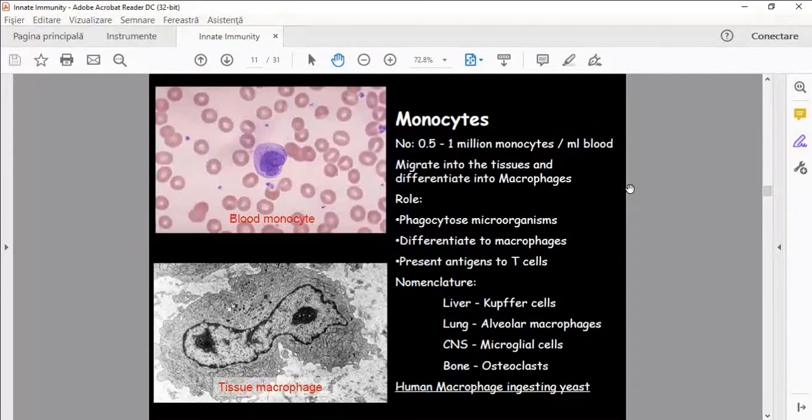Also, as you know from microbiology, there are complex structures made of lipids and oligosaccharides synthesized by some microbes.